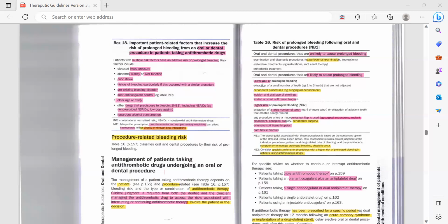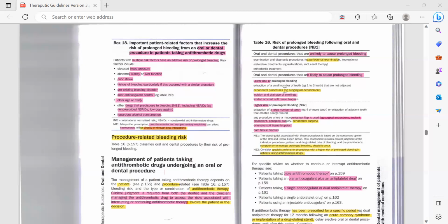Okay, so they have divided it into two types, the lower risk procedures and the higher risk. A lower risk procedure is extraction of a small number of teeth, which means if you are only extracting 1 to 3 teeth, and they should not be adjacent. If they are adjacent, then the socket would be bigger, and that could lead to big bleeding problems.